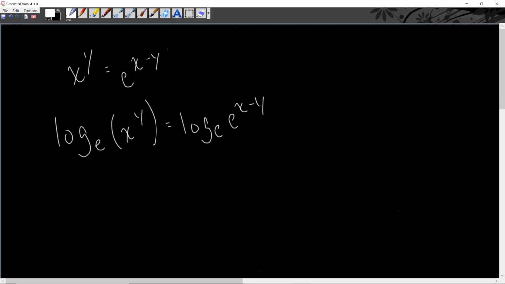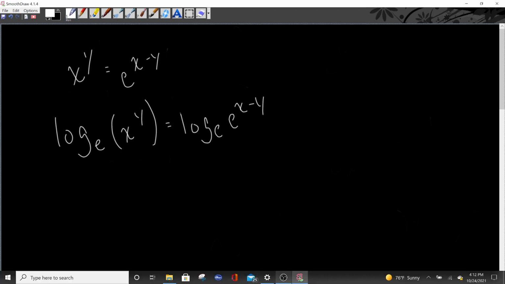Alright, so we're going to be able to bring that x minus y out to the front. And then this log base e of x to the power of y will become something a little bit interesting.